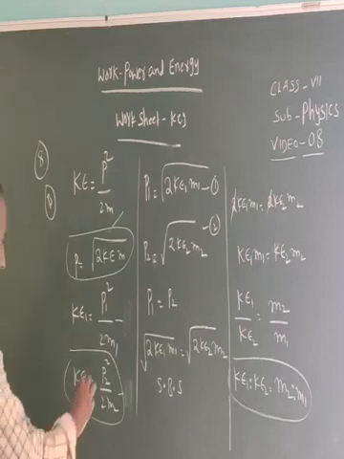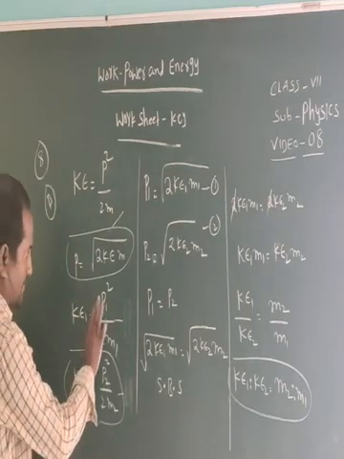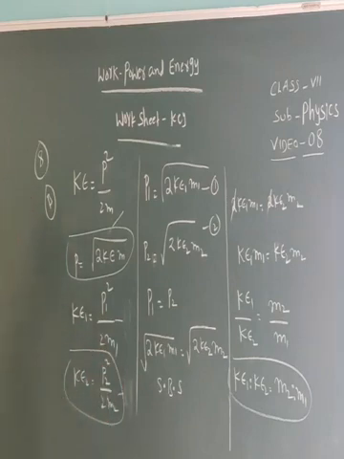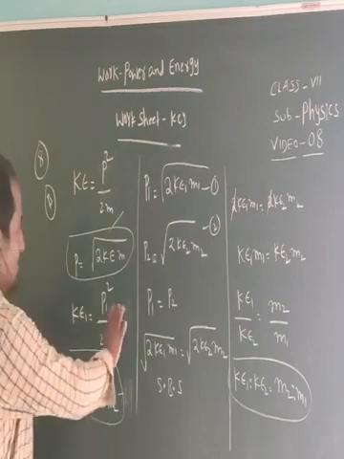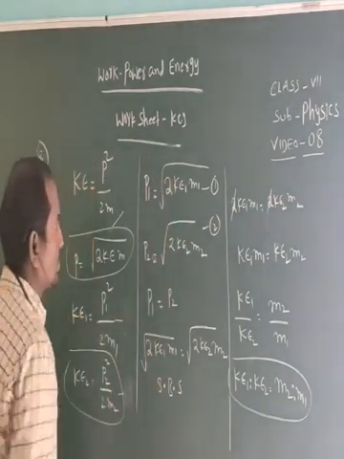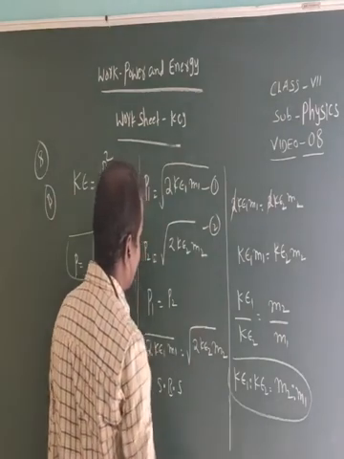So for the two bodies, K1 equals P1 square by 2m1 and K2 equals P2 square by 2m2. So P1 equals root of 2K1 into m1 and P2 equals root of 2K2 into m2. It is equation number 1 and equation number 2.